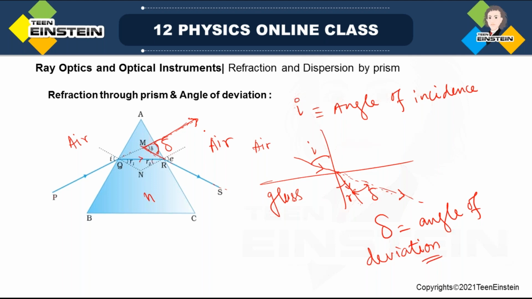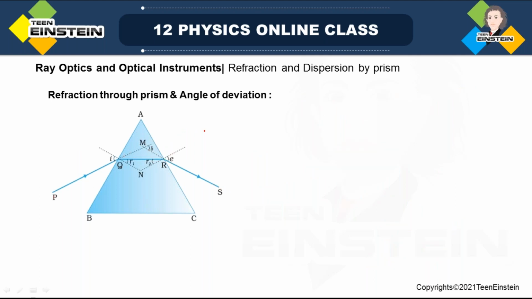Now we'll find out the relation among angle of incidence, I have written already here, angle of incidence is I, E, angle of prism A, and delta.